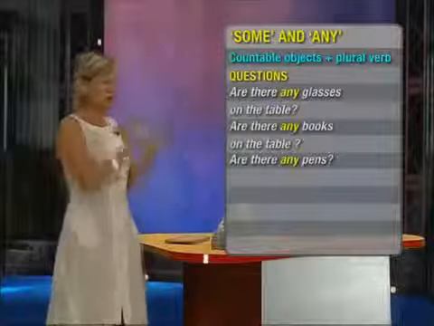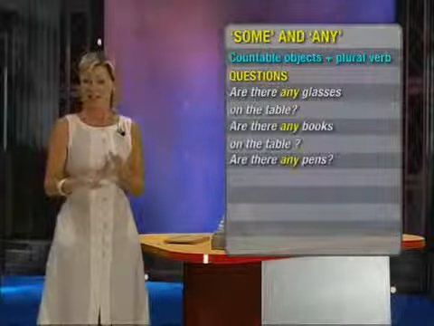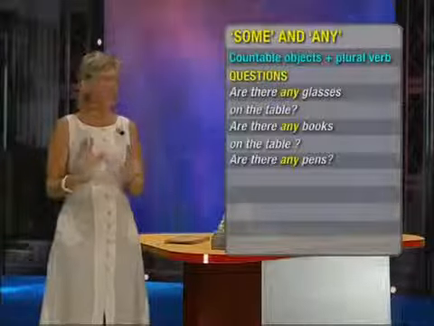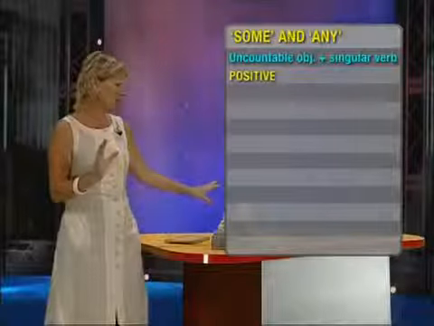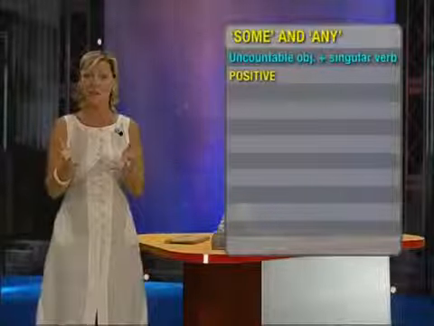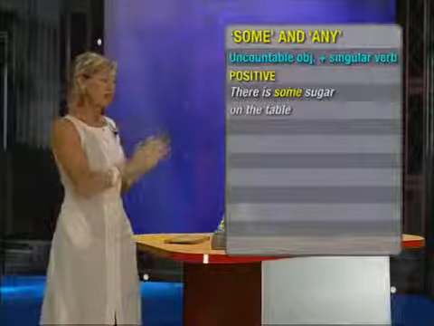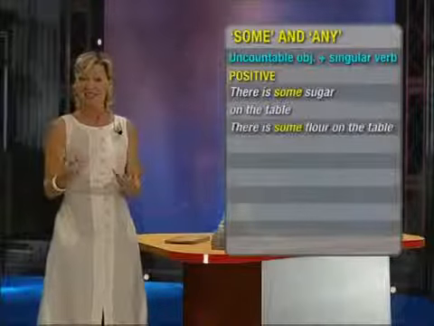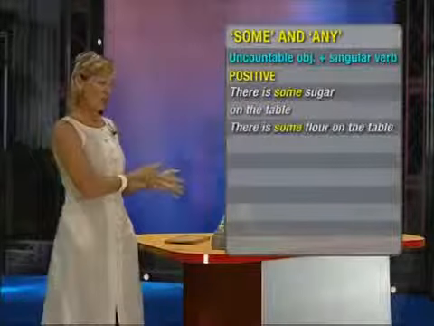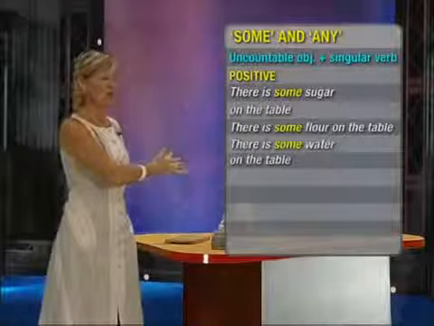All right, so some in the positive, any in the negative, and the question form. Good. Now, let's move on to uncountable objects. These ones here. The examples are, there is, singular verb, some sugar on the table. There is some flour on the table. There is some water on the table.